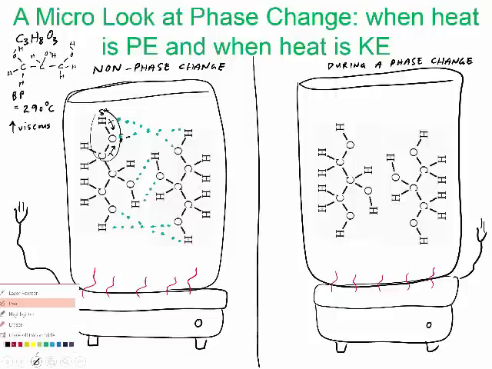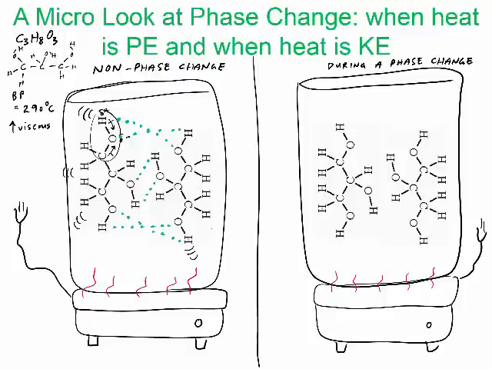So this is heating up on a hot plate, and during a non-phase change, all it does is make this whole system kind of wobble here. These are like little motional, vibrational energy, little waves that I'm drawing.